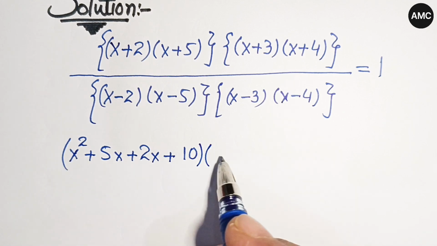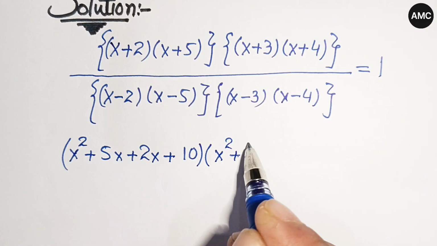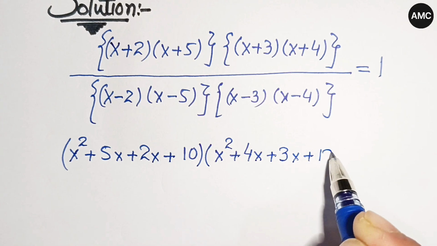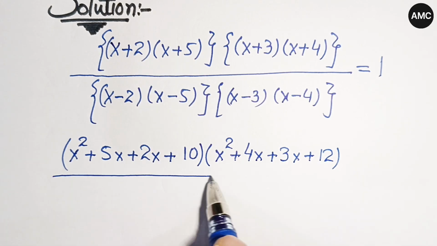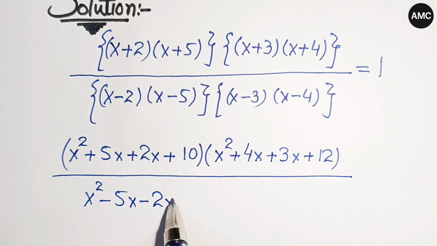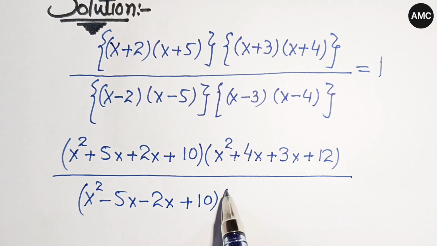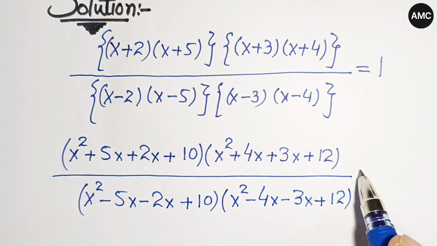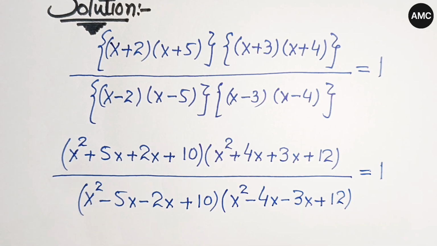Our second pair is x squared plus 4x plus 3x plus 3 times 4 is 12, all over x squared minus 5x minus 2x, and minus times minus is plus, 2 times 5 is 10. Here we have x squared minus 4x minus 3x, minus times minus is plus, 3 times 4 is 12, equal to 1.